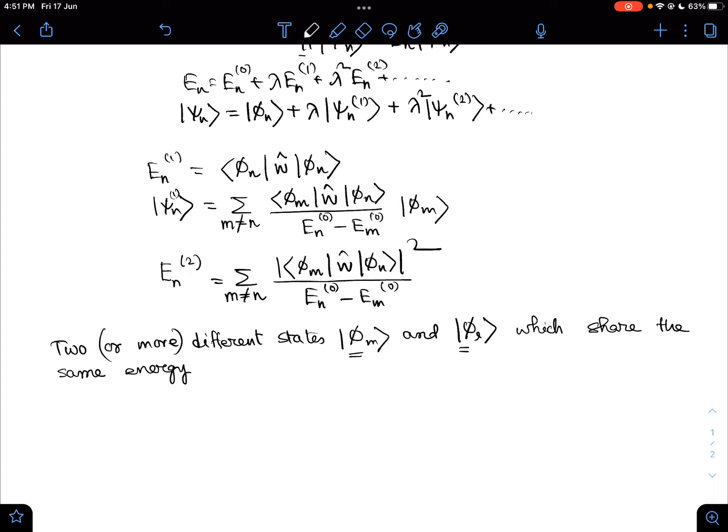Then our ordinary perturbation theory will blow up.